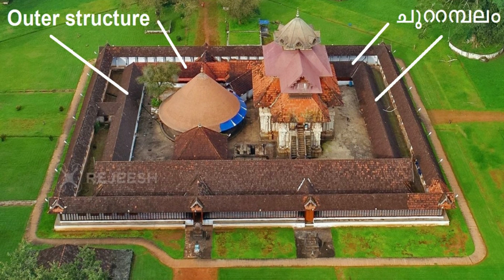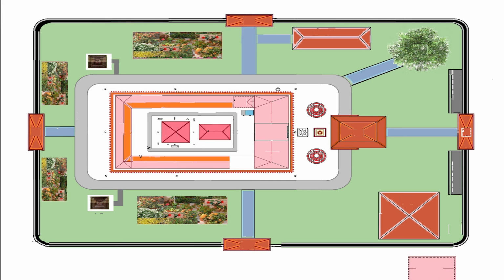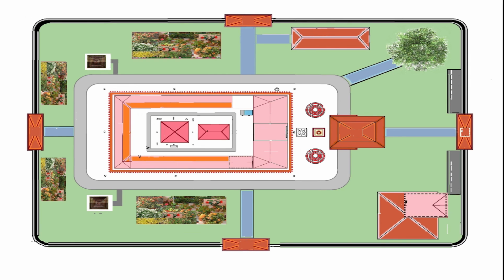There are 3 rooms here which are very important. The Tidappalli, a kitchen for preparing special food only for the Lord, is located in the southeast area. A special room in the northeast area of the Chuttambalam is known as Mulayar.